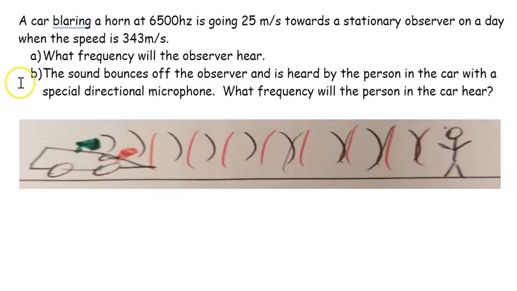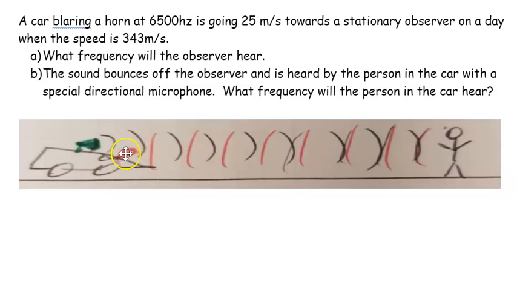And then in the car, part B here, in the car, there's somebody that has this special microphone that's pointing and looking at the sound that happens to reflect off of this dude. And that sound is being caught by this car that's moving. Now, the wavelength of the black going this way and the wavelength of the red going this way are the same. I've tried to show that.